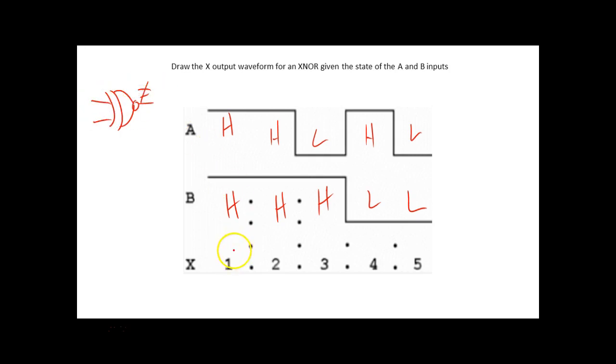So what do I start off with? We okay? Here they're different. Here they're different. Here they're different. Here they're different. Here they're the same, right? I get that, guys?